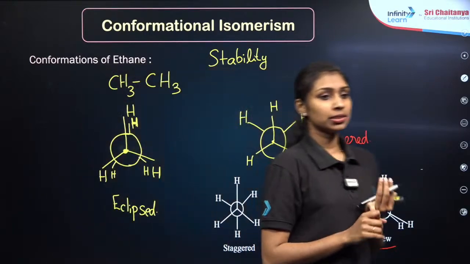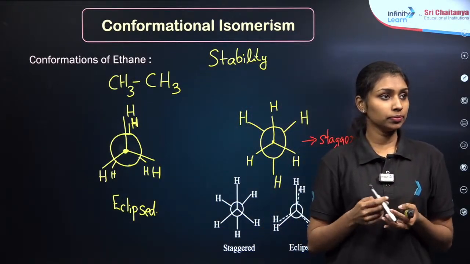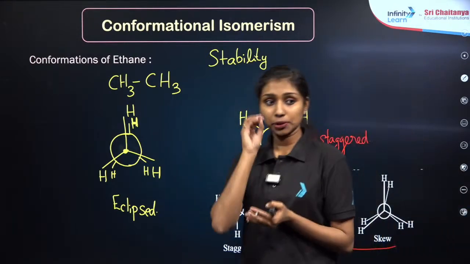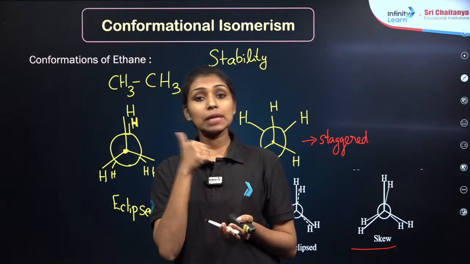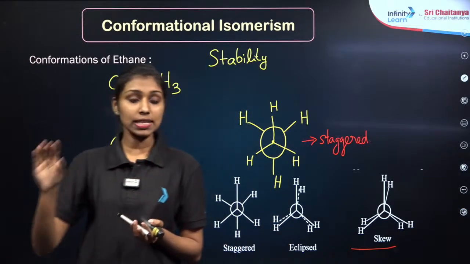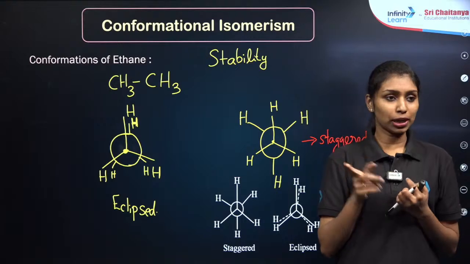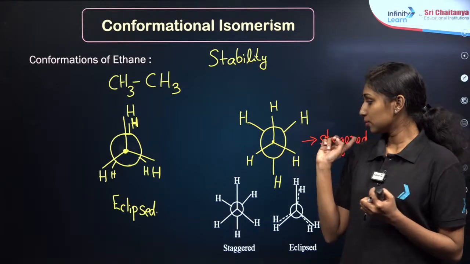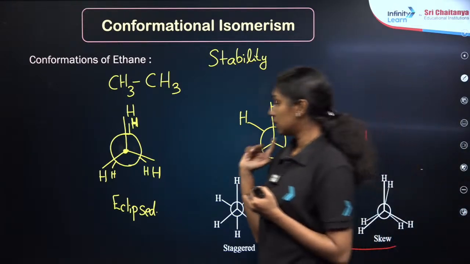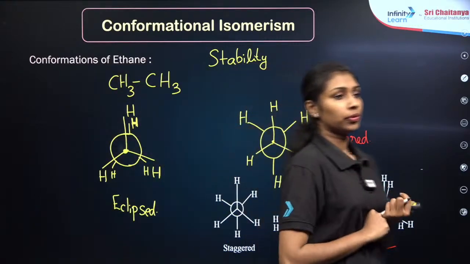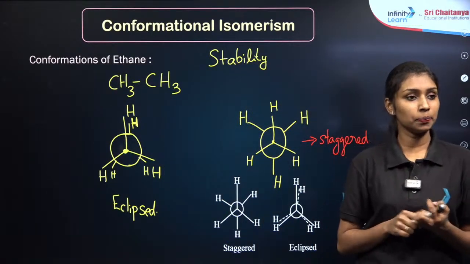Are you getting my point? The particular isomers that exist between eclipsed and staggered conformation are known as skew conformers. No need to worry about the skew conformation. You have to get an idea about the eclipsed and staggered conformation only. Clear?